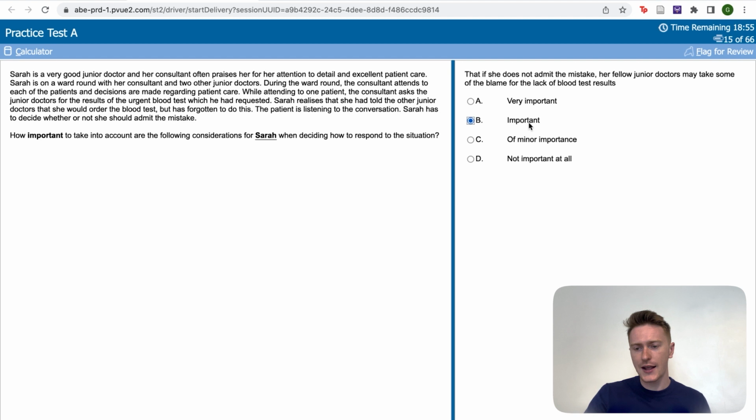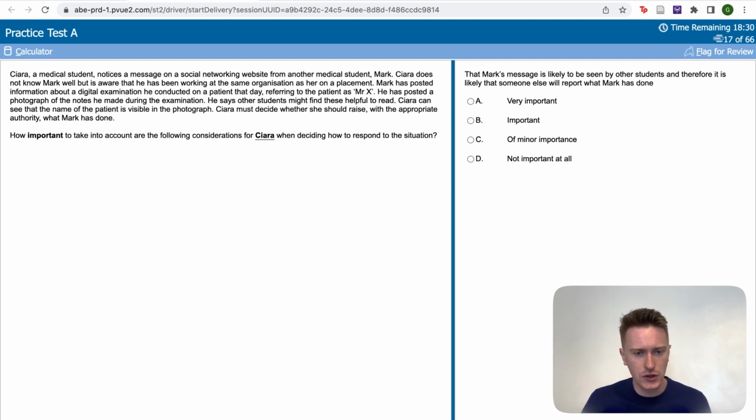Therefore, I think this is a secondary consideration, and therefore an important one, but not very important. The need to reflect on why she forgot to order the blood test and how to avoid this happening again. That's very important. Doctors love talking about reflection. In med school, you'll be doing a lot of reflection. Some people like it, some people don't, but nonetheless, reflection is very important to help you learn from mistakes.